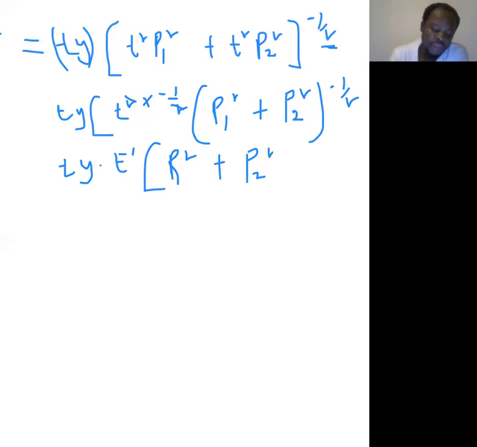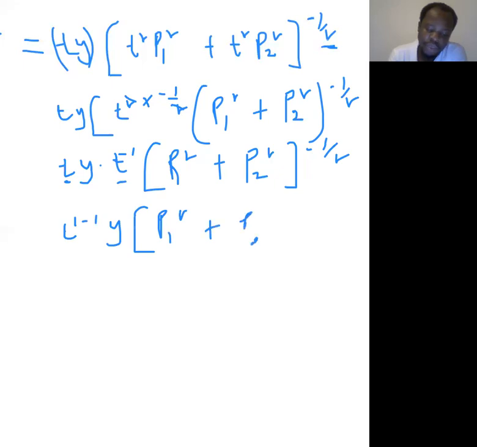So I can multiply, because this T and T are multiplying and the bases are the same, I can add the exponents, that will give me T^(1-1) Y, then P1^r plus P2^r, -1 over r. Now this is what? T^0 is the same as 1. Any number to the exponent 0 is the same as 1.